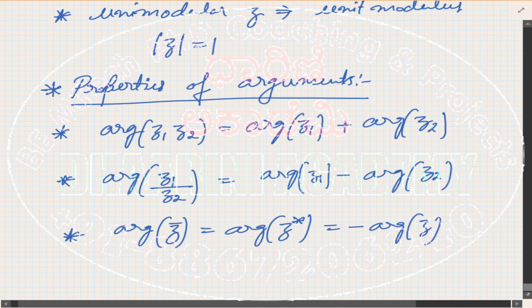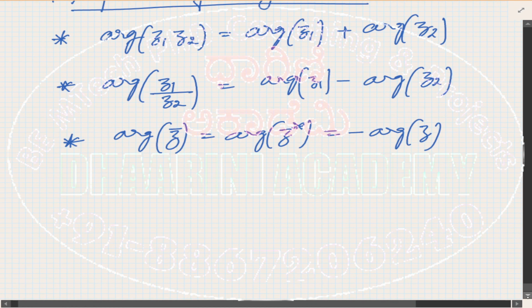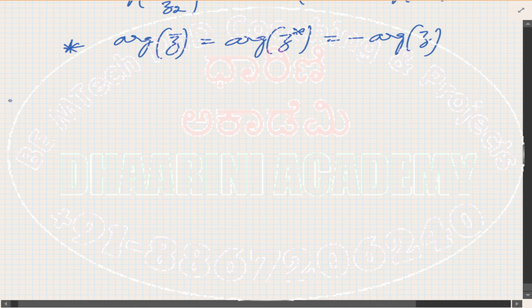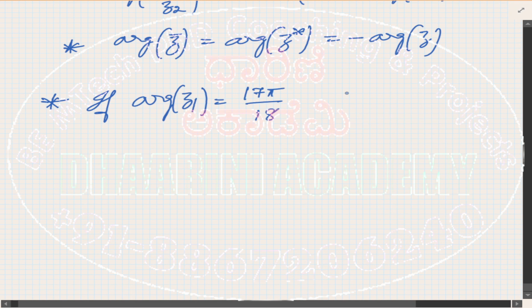All right. Let's calculate some problems. If arg of Z1 is 17 pi by 18 and arg Z2 is equal to 7 pi by 18.